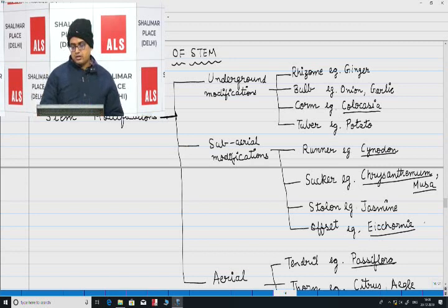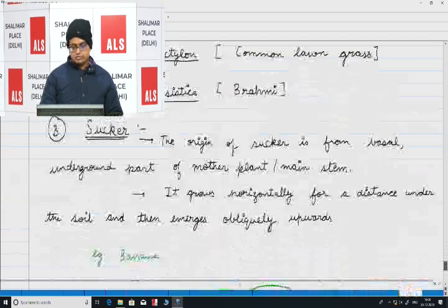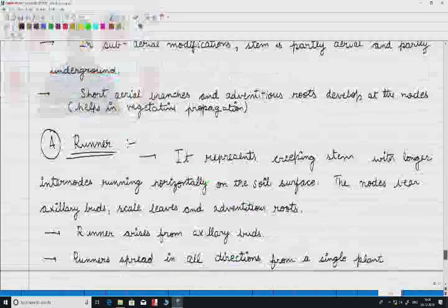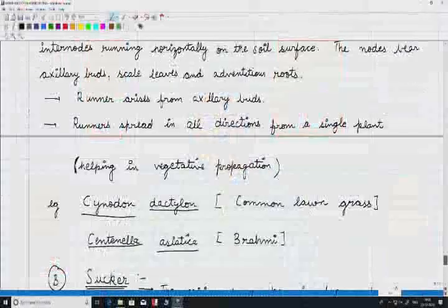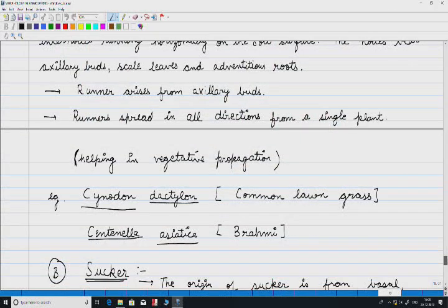Okay. So let us put the heading stolon. Runner is done. Runner, I told you that it is found in common lawn grass, cynodon dactylon, and Brahmi, centella asiatica.